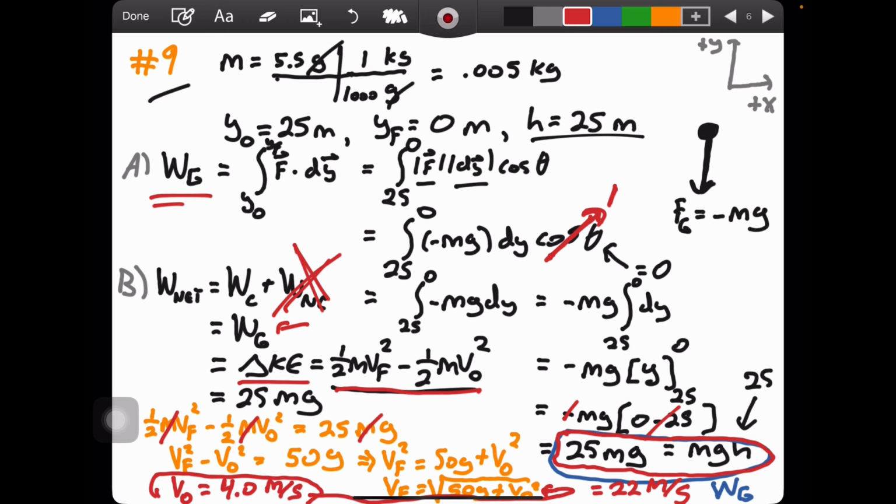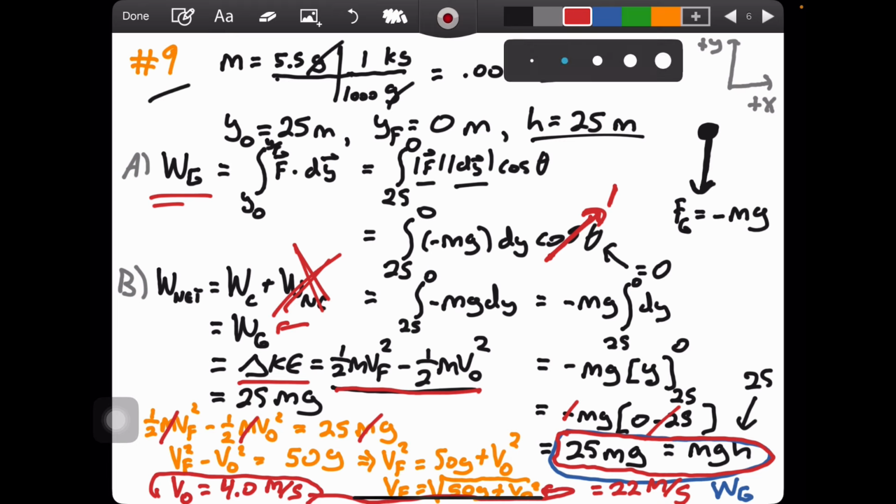If this was a problem where you just drop an object, v naught would be 0. You'd solve it the same way, it's just that the v naught squared term would vanish. So this is a problem where if you ran it in reverse, I hope you can see how gravity doing negative work means that gravitational potential energy is adding up.